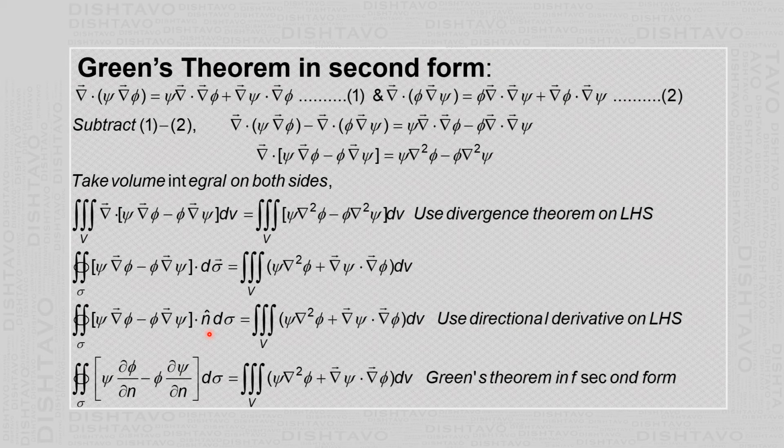Then this n cap is taken inside to each term inside the bracket, and then we use a directional derivative as we have used in Green's theorem in the first form, that del phi dot n cap is written as dou phi by dou n, and del psi dot n cap is written as dou psi by dou n. And what is finally obtained is the Green's theorem in the second form.